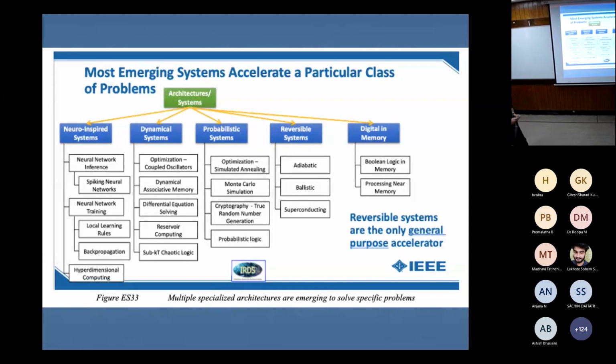So that's what this talks about, multiple specialized architectures. What you need for doing this is an exploratory framework, right? You need to do space exploration, you need to do timing exploration to arrive at what is the best solution possible from the various alternatives around me, right?